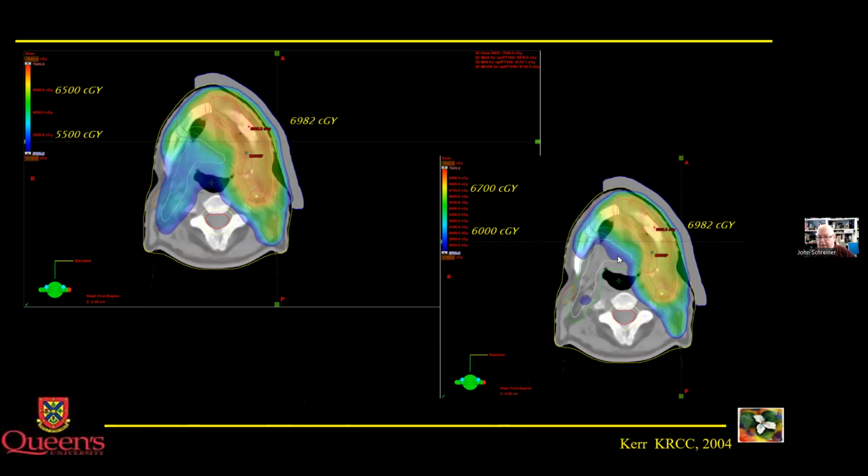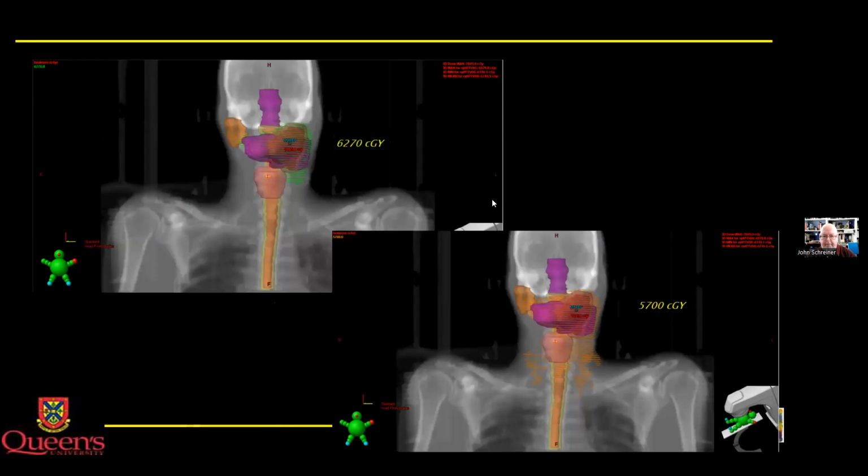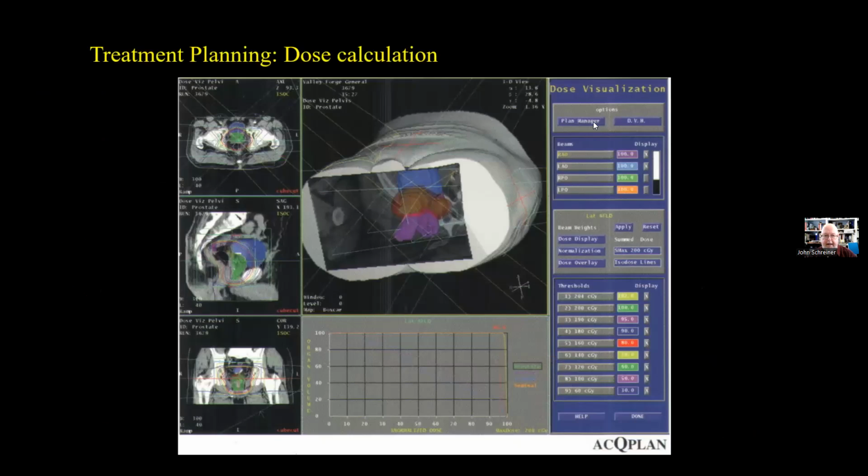So one gets a full accounting of what the radiation would be if I delivered the plan as these control parameters have been set by the computer. And here's the same thing in 3D, again showing quite sophisticated planning. Here's another example where I'm treating in the pelvis, a prostate.